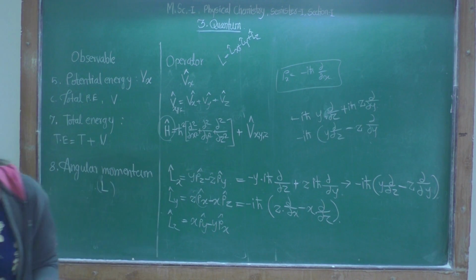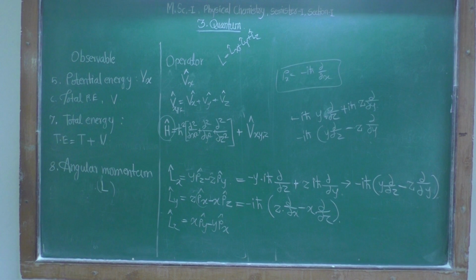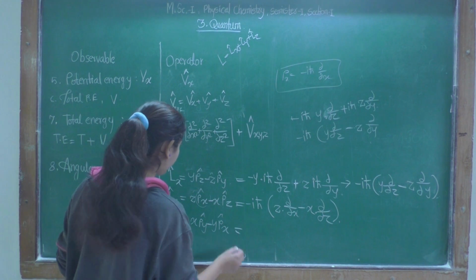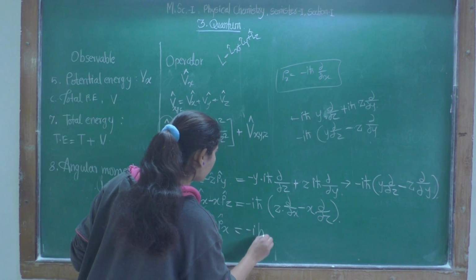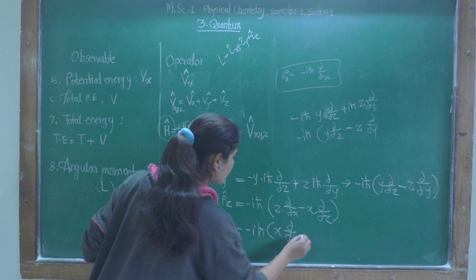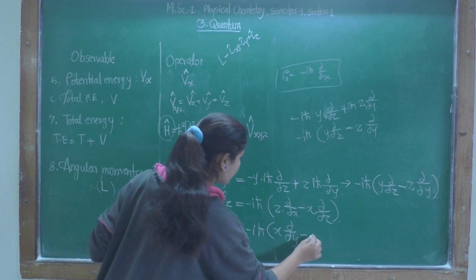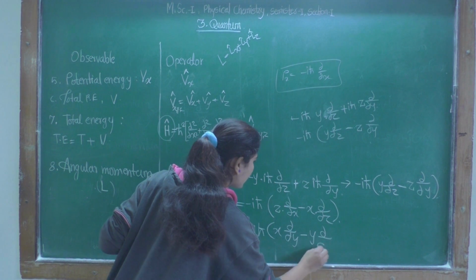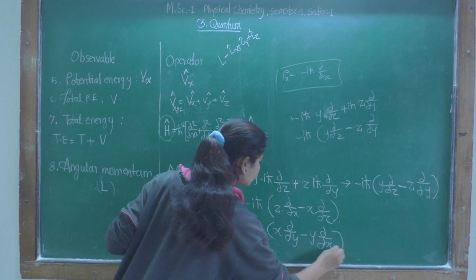Let me check. Yeah, it is minus, and it will be equal to minus iħ in bracket x ∂/∂y minus y ∂/∂x.